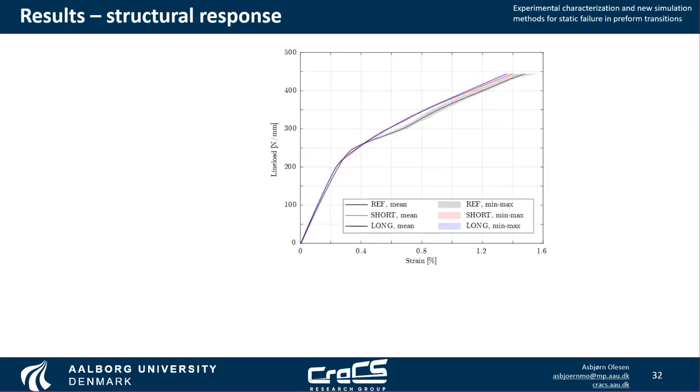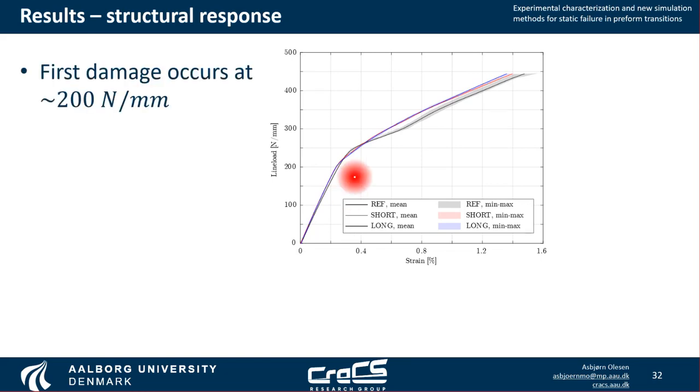The results we get from testing, just the structural response we look at here. So the first thing we can see is that some damage occurs here at 200 Newton per millimeter of width of the specimen.